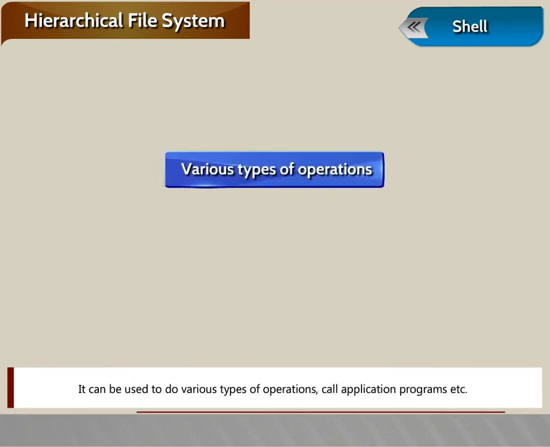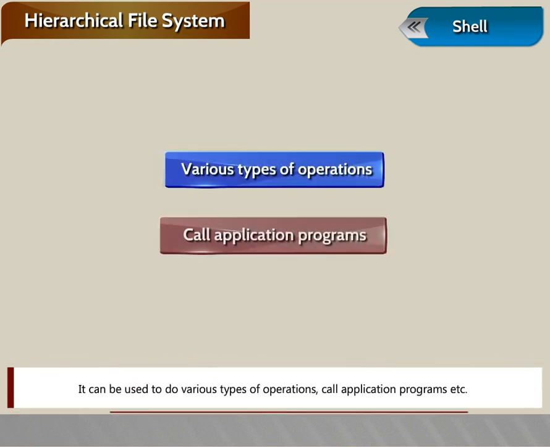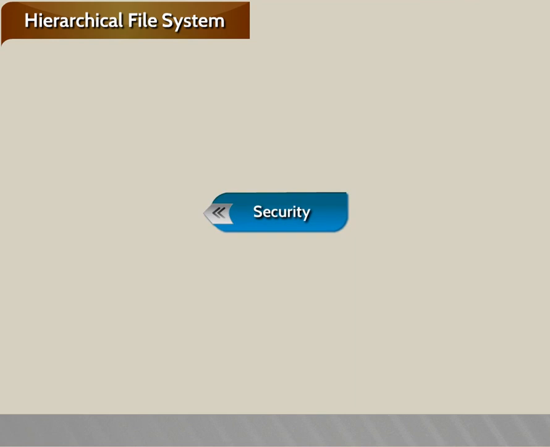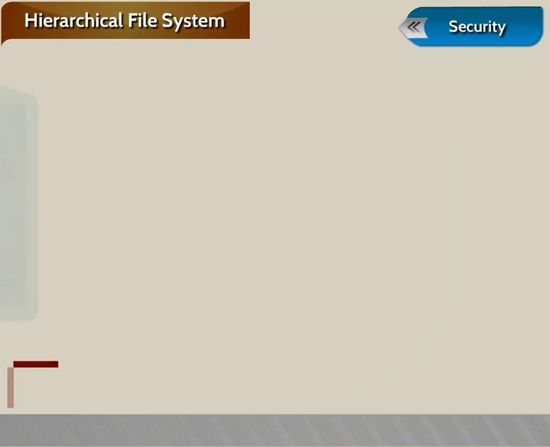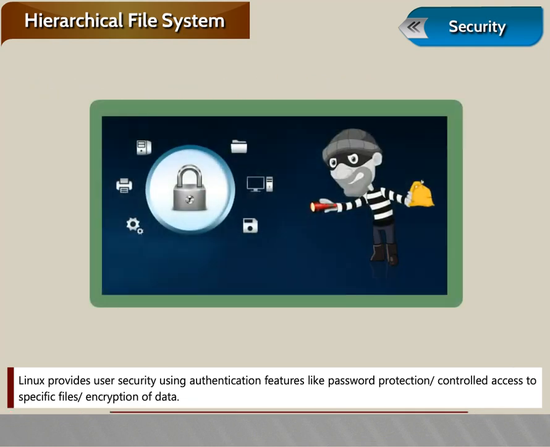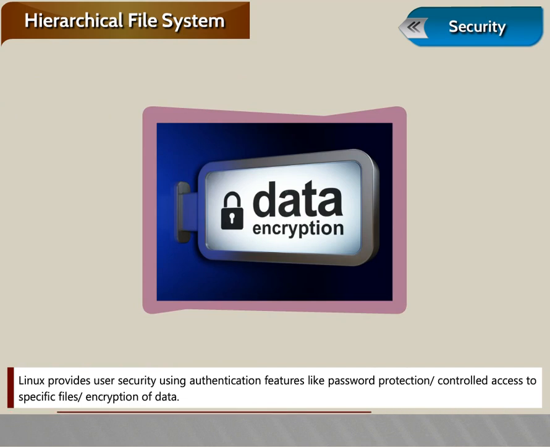It can be used to do various types of operations, call application programs, etc. Security. Linux provides user security using authentication features like password protection, controlled access to specific files, or encryption of data.